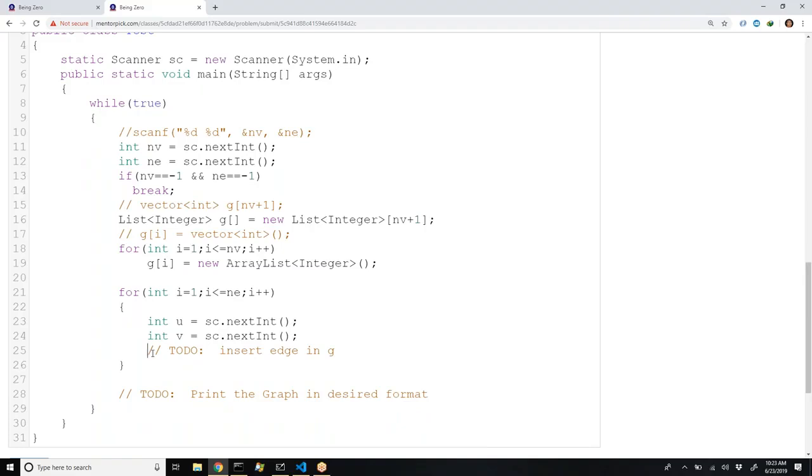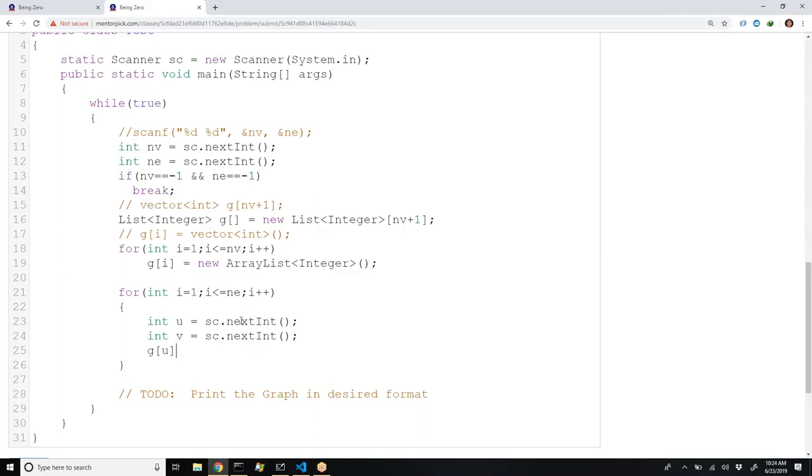Okay, now tell me, how do we insert edge in the graph? We are inserting an edge from U to V. G of u dot add v. G of U, what is this going to give us? This is going to give us a list, because G is an array of lists.